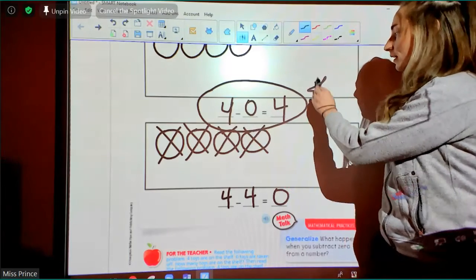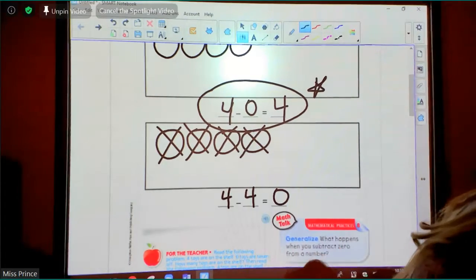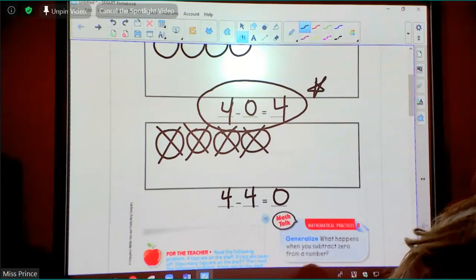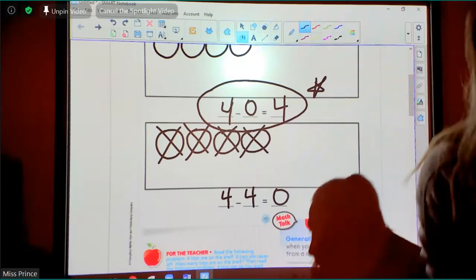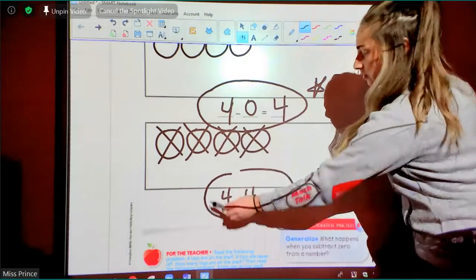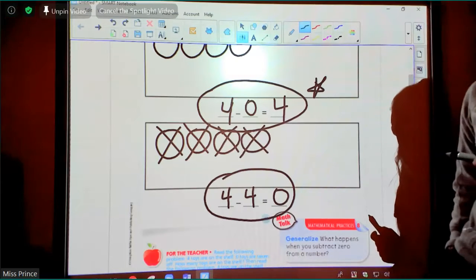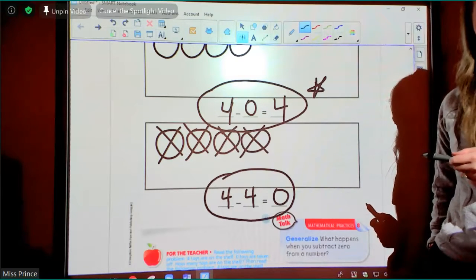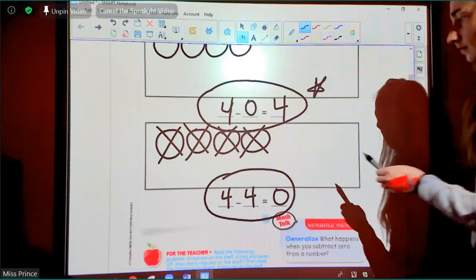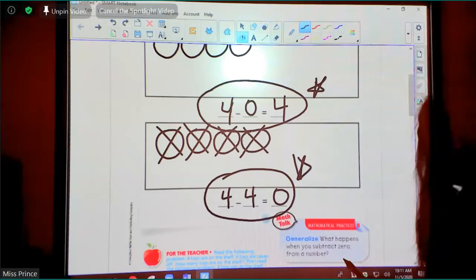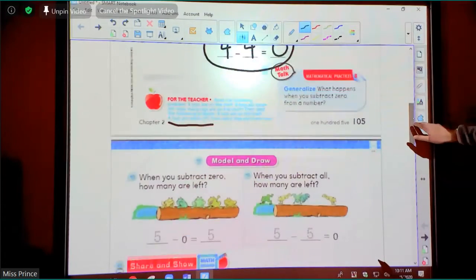Good job. Nice job, Kaya. All right. Sophia, will you please read me this equation? Four taken away 4 is 0. Good job.